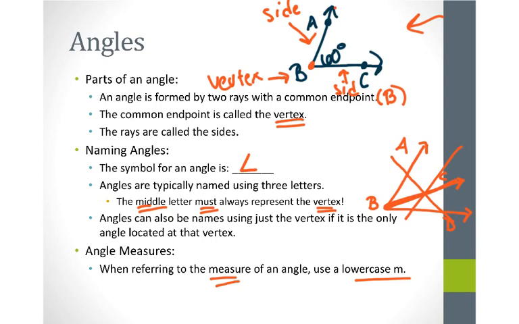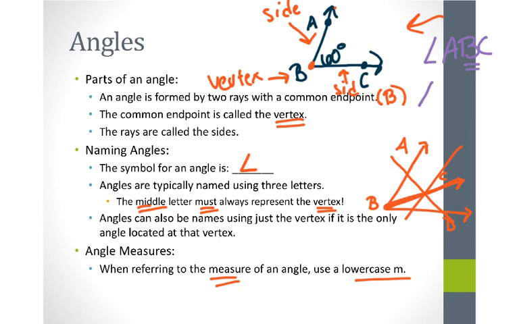So, before I go to the next slide, if I name this angle up at the top of the slide, to name it I would name it angle A, B, C. Okay, so you have A, B, C, where the middle letter is my vertex.